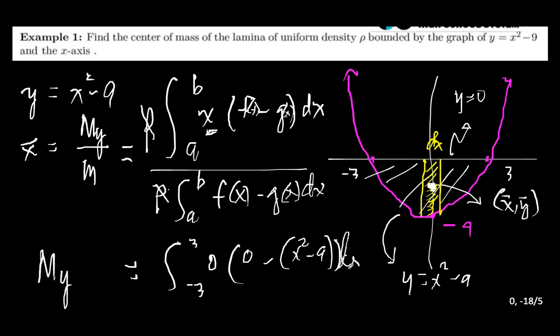Since it is being multiplied by 0, this becomes 0 dx, and 0 dx is just equal to 0. That's why I said a while ago that we knew the center of mass of the lamina here is 0 for the x bar.